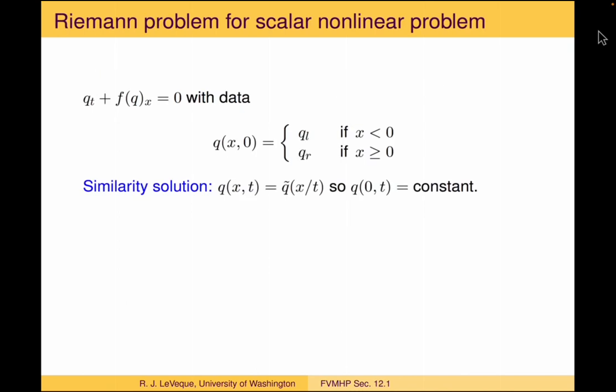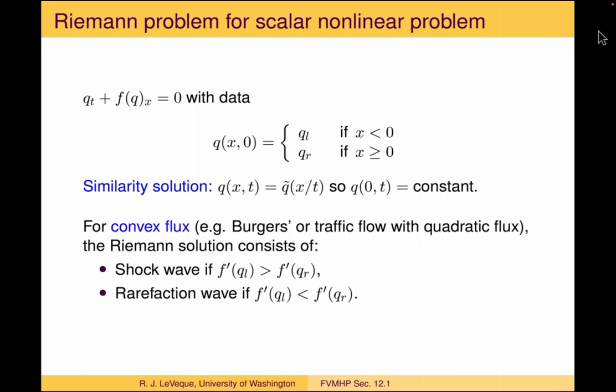So again, if we have a similarity solution as the solution of our Riemann problem, then we can always do that. And in particular for a convex flux, for example Burgers' equation, a quadratic, or traffic flow, a different quadratic, we know that the Riemann solution always consists of only a single wave: either a shock wave if the characteristic speed is decreasing as you go from left to right, or a rarefaction wave if the characteristic speed is increasing so that characteristics are spreading out.